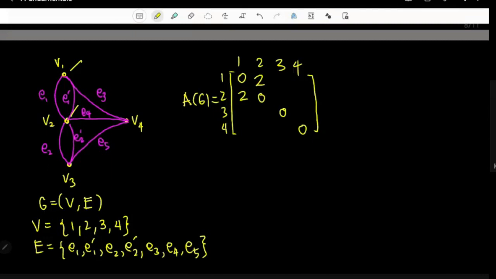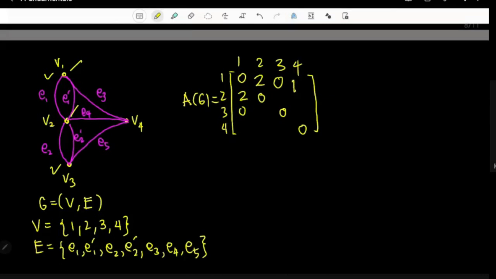Alright. 1, 3. Is there an edge connecting them? Wala. So, 0. So, again, 3, 1 is the same connection as 1, 3. So, yung 3, 1, 0 din. 1, 4. Is there a bridge connecting 1 and 4? Yes. Ilan? Isa. So, 1.